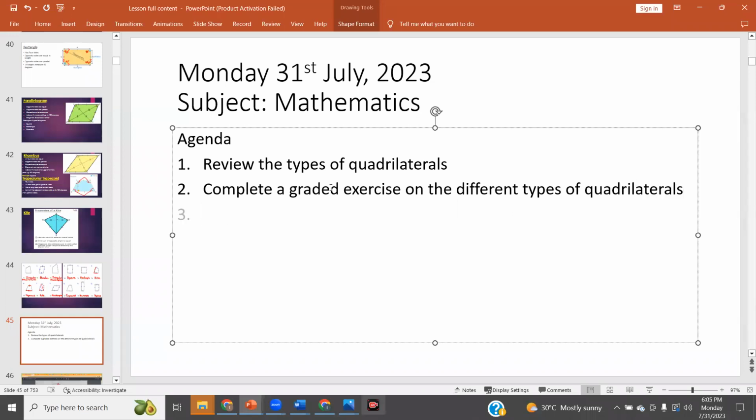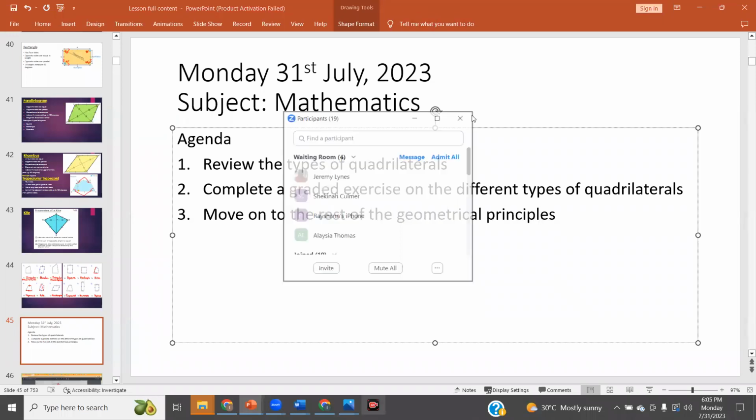And then I want us to move on to the rest of the geometrical principles. All right, so that's what I want us to do for today.